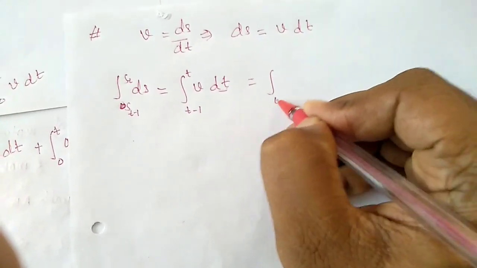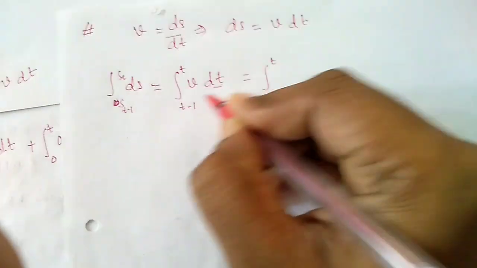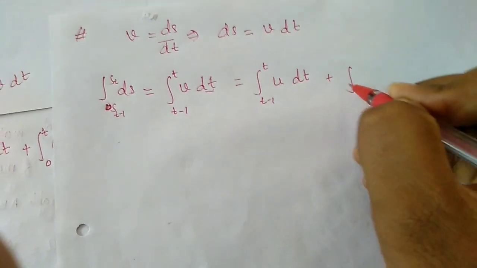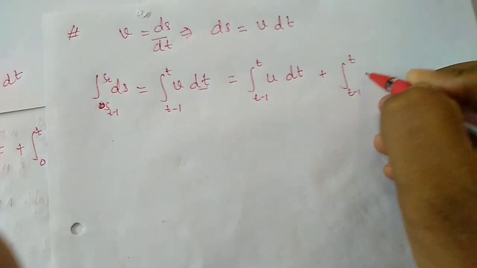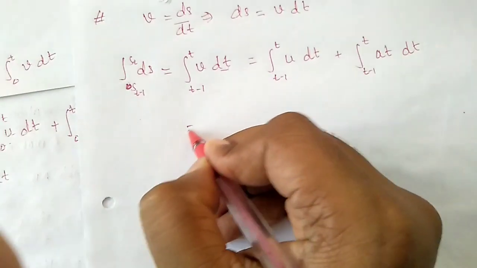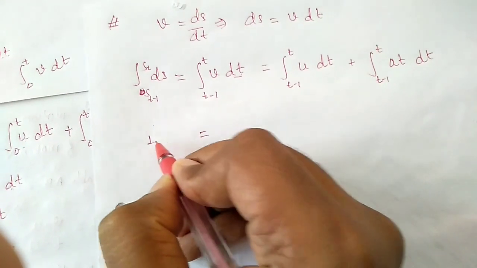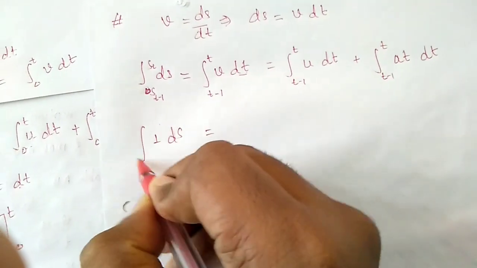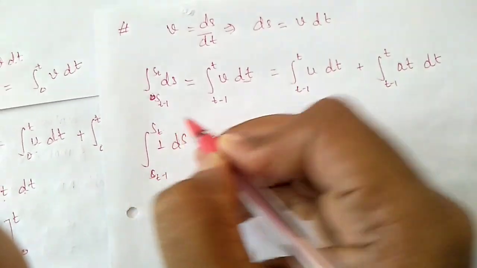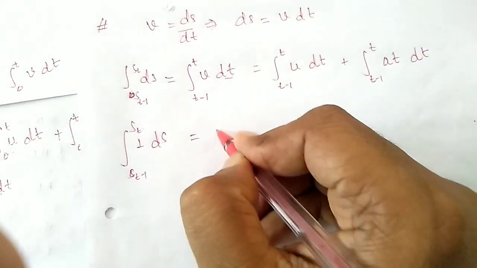So on skipping some steps, v is equal to u plus at. So integration of v dt is integration of u dt plus, from t minus 1 to t, a t dt. Then here will be 1 ds, integration for the displacement t minus 1 to the displacement up to t second. u will be out of the integration.